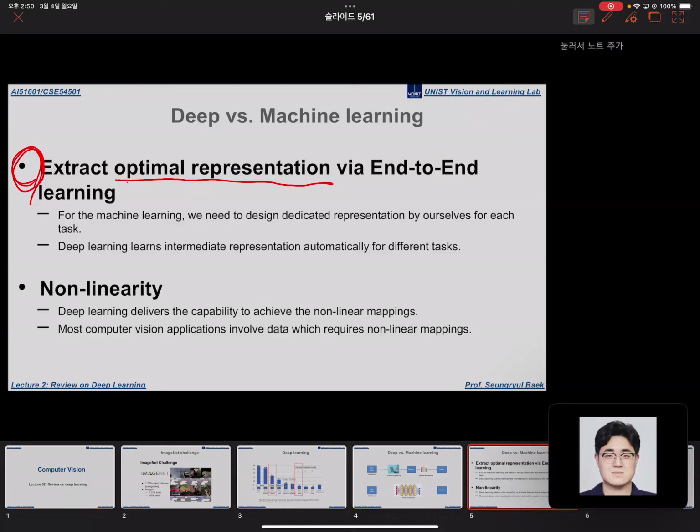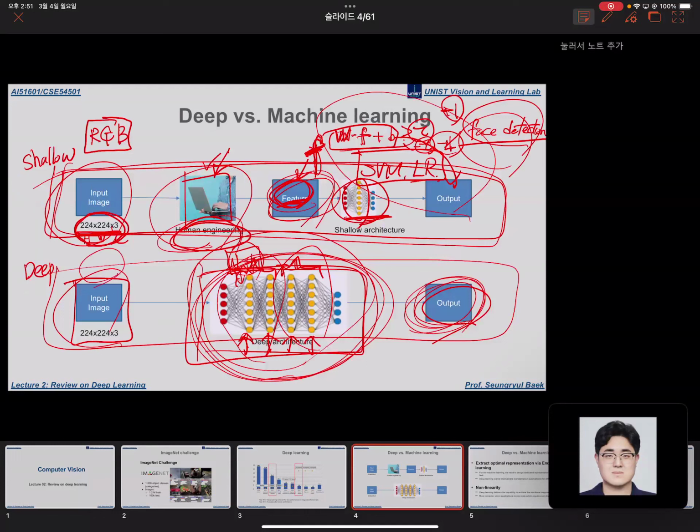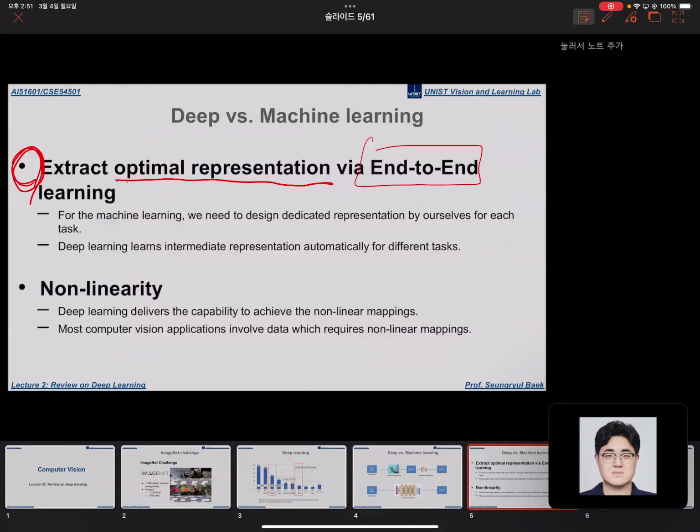So it automatically learns. So that's called end-to-end learning, right? From input to output, end to end, it is trained based on the data. So we don't have to care about how to configure intermediate layers. So it's more optimal, okay?